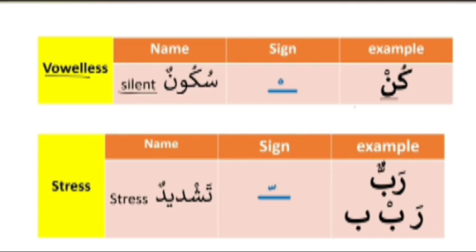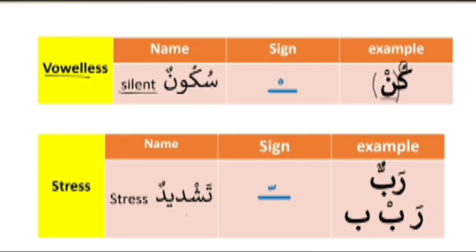When we talk about vowel signs like fatha, dhamma, and kasra, dhammatan, fathatan, and kasratan, they are mutaharrik. But this is sakin. Sakin means it does not have any vowel sign on it. For example, ka has dhamma, so we will say this is mutaharrik. But noon doesn't have any vowel sign on it, so we will say this is sakin.